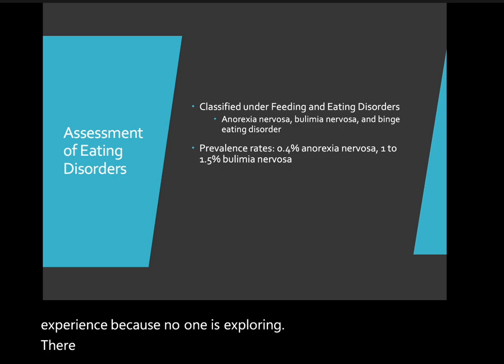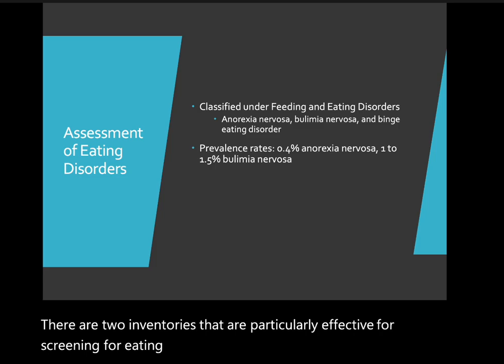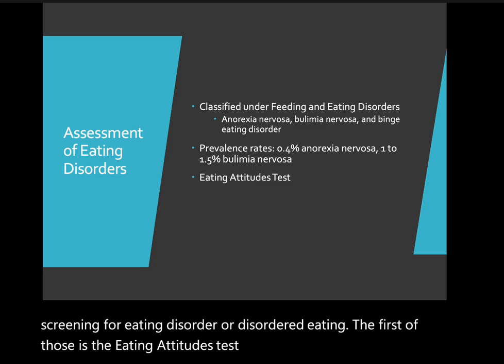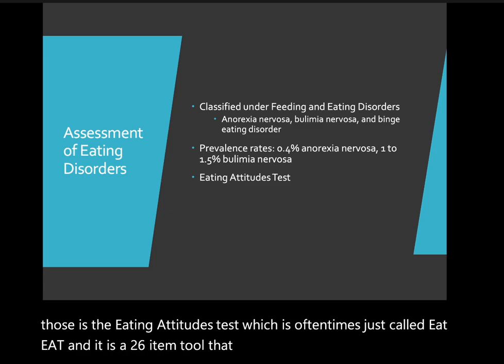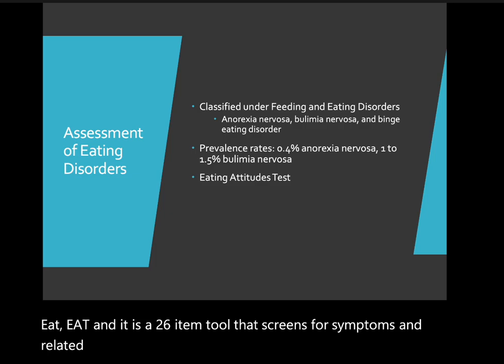There are two inventories that are particularly effective for screening for eating disorder or disordered eating. The first of those is the Eating Attitudes Test, which is oftentimes just called EAT. And it is a 26-item tool that screens for symptoms and related problems of anorexia nervosa as well as other eating problems.